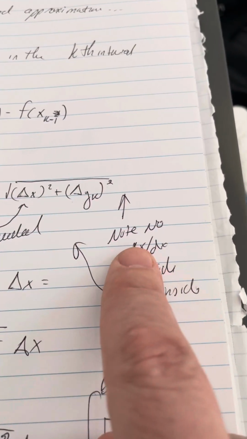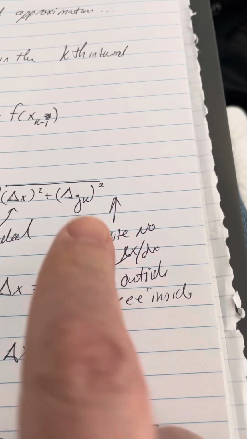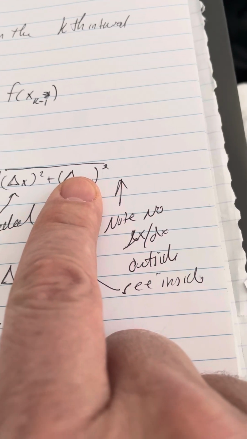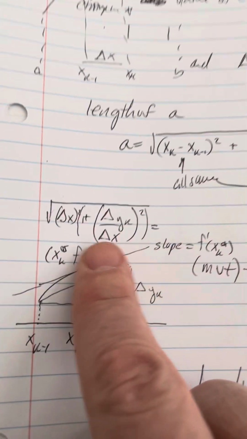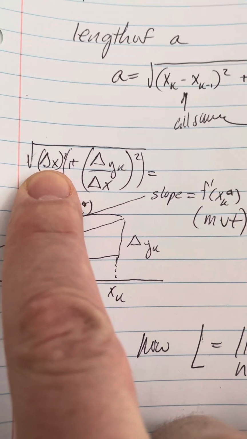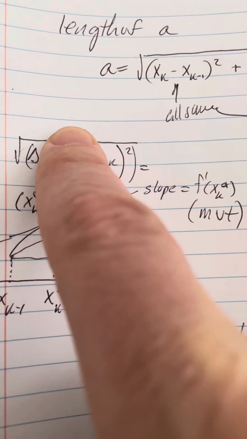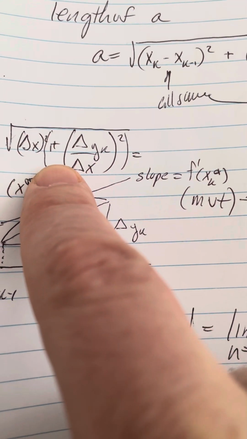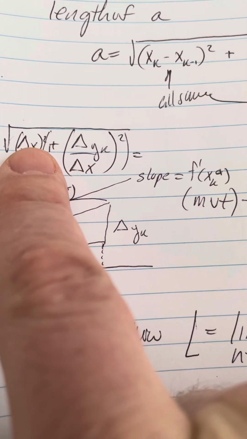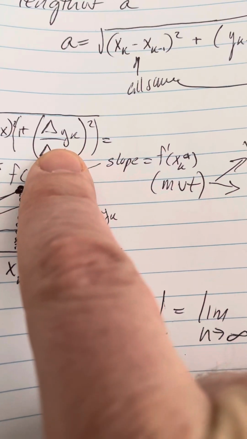Notice when we look at this, we don't have a dx outside the square root. So we need to generate a dx. And that's part of the motivation behind what we're going to be doing next. We're going to come over here and we're going to factor out a delta x. So there's a delta x here, there's a 1 there, so notice I have the parenthesis, and I'm factoring out the delta x squared. If I'm factoring out a delta x squared, that's the same thing as dividing this piece by delta x squared.